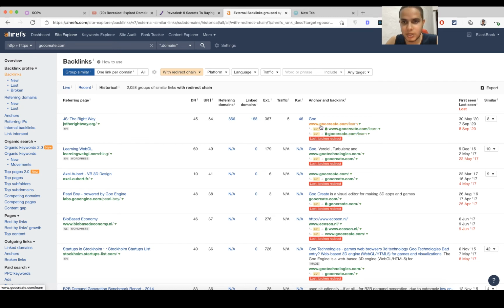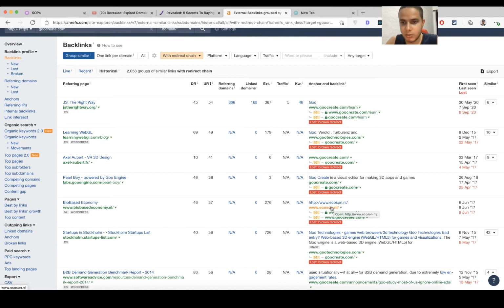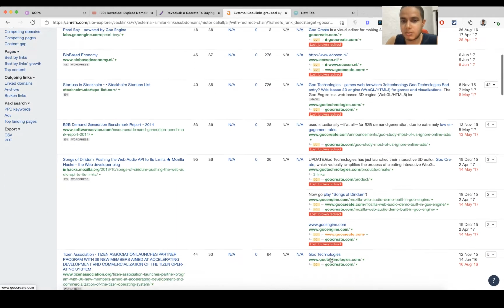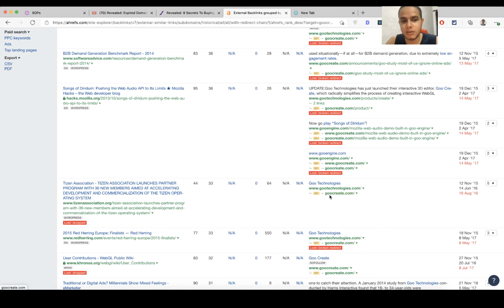A lot of times you'll also see the www and the SSL links, but you'll have to go down and see if some other domain was redirected to this domain. You have to make sure that such things do not exist most of the time, and if they do exist, they're either a very low number of such links, or if there are a lot of such links and the domain being redirected to the domain we want to buy was not good enough or was used for spamming, we'll just avoid that domain altogether.